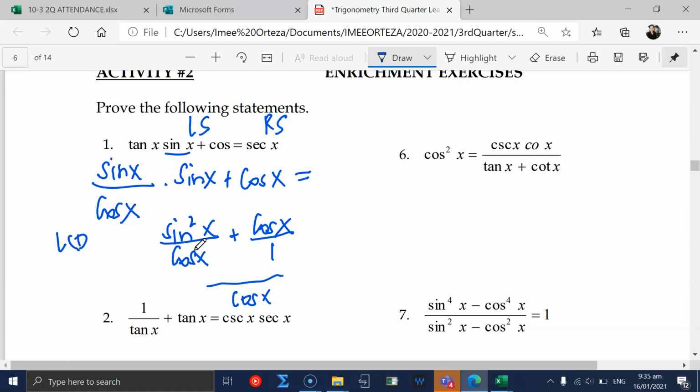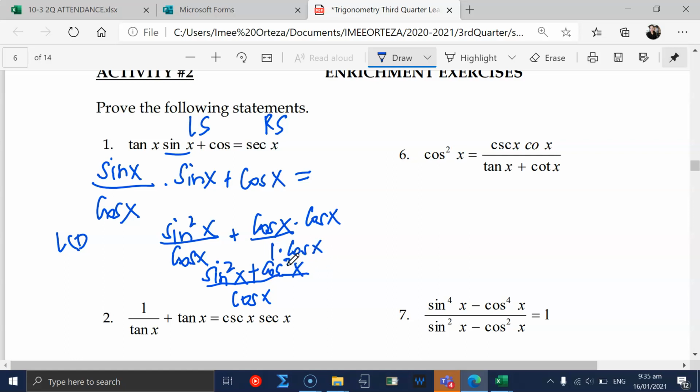And then the numerator of the first fraction is copied, sine squared x. Then, of course, since we have changed the denominator of the second fraction to cosine, that would mean we multiply this by cosine x, and we shall also multiply its numerator by cosine x by the rule on equivalent fractions. So the numerator becomes cosine squared x.